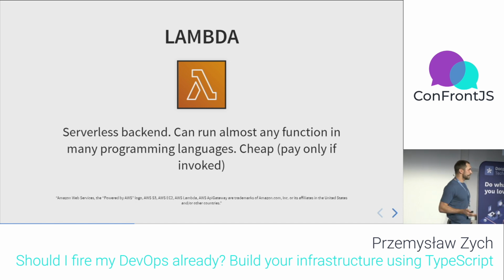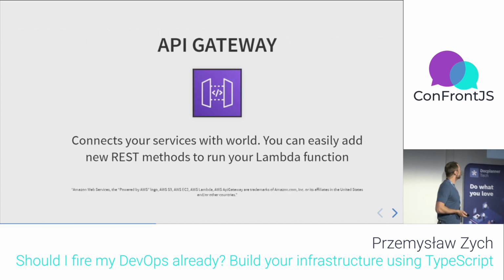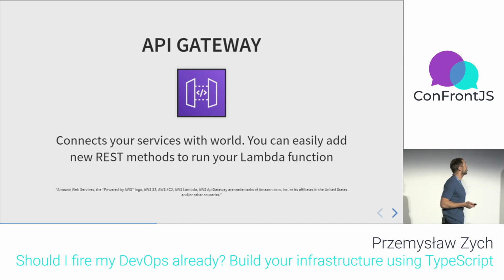One of the events would be an API call, which we are going to use with a service called API Gateway. API Gateway is a service from Amazon that is a fully managed API. You can serve a fully managed REST API with this.